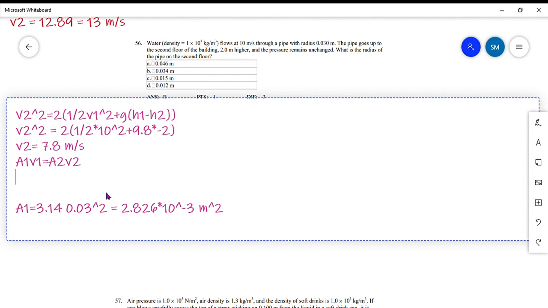Okay. A1 is 2.826 times 10 power negative 3 times V1, which is 10 in the givens. All this is equal to A2, which we want to calculate, times V2, which we just calculated, which is 7.8.